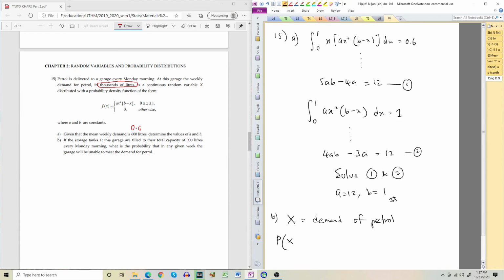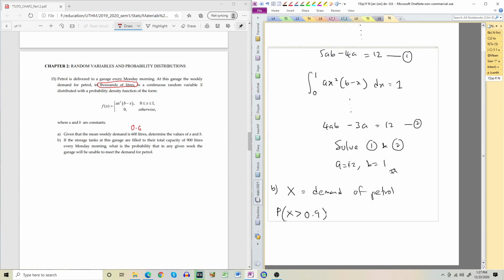So the demand must be greater than 0.9. Unable to meet the demand means there is not enough petrol. Every Monday morning they have only 900 liters, which is 0.9. If people ask for more than 0.9, that is the demand.